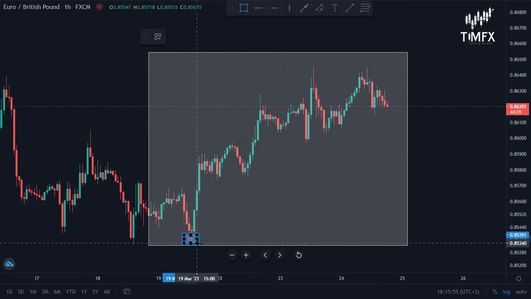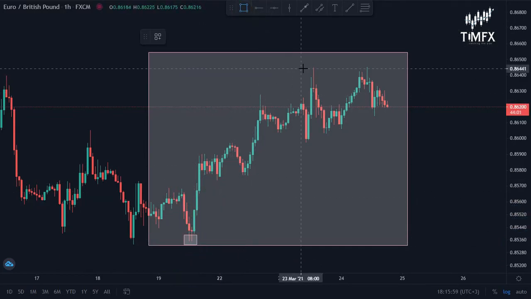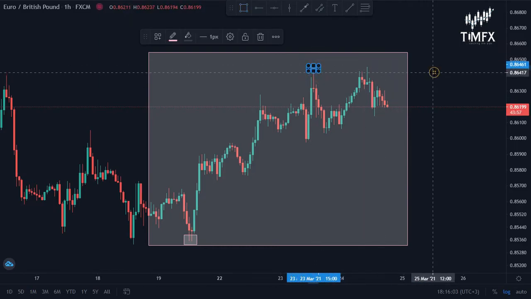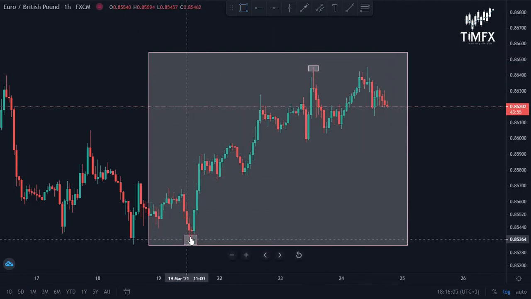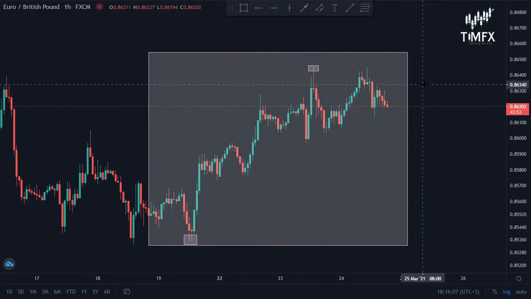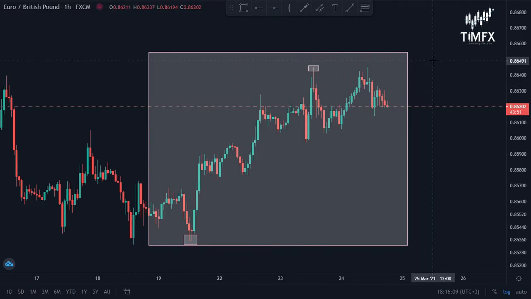This is the lowest point, and the highest point so far is around either of these two. So this is the lowest and this is the highest. So Fibonacci retracement levels for an uptrend are drawn from the lowest price to the highest price, while for a downtrend they are drawn from the highest price to the lowest price.